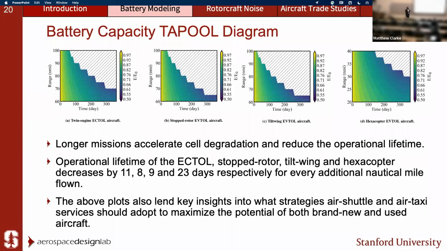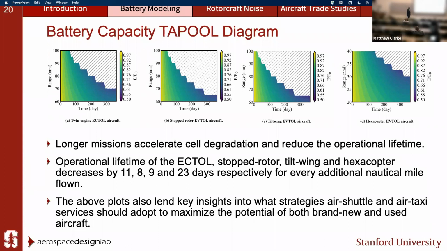The next, and I think the most important takeaway, is that this plot really tells you about utility. Essentially, if you're flying from New York to Philadelphia, that flight is about 100 nautical miles. What this plot is saying is that you can actually repurpose that aircraft to a flight of 70 nautical miles and fly between JFK and New York, right?